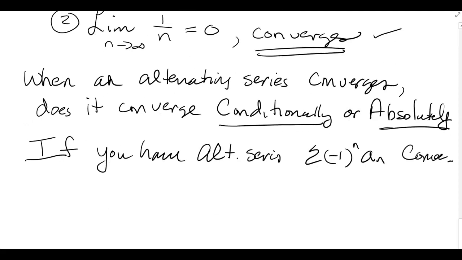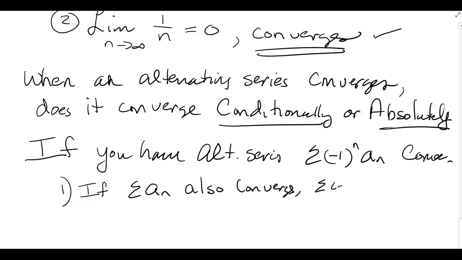So we have an alternating series like we just found. Now, if the non-alternating part of that series also converges, then we say that the summation of negative 1 to the n, a sub n, converges absolutely.